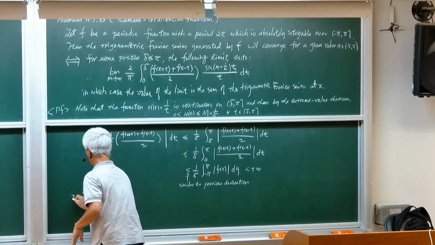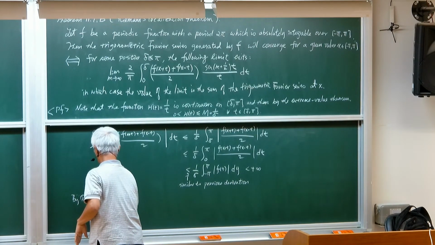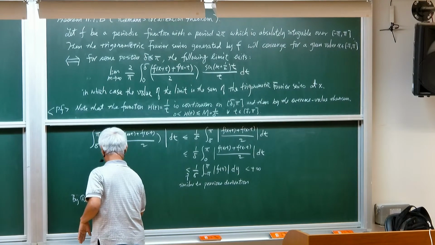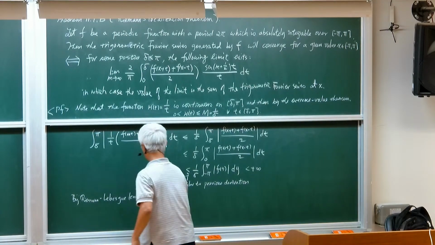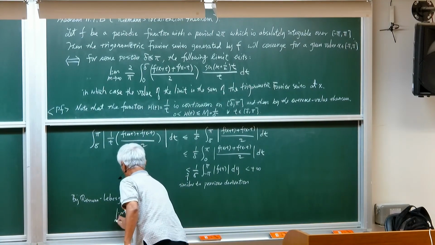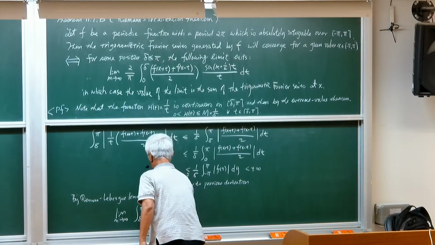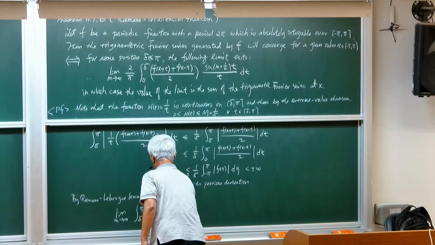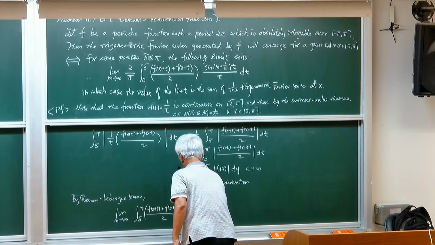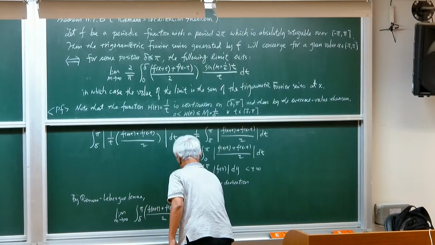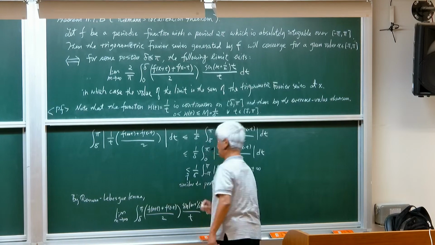So by the Riemann-Lebesgue lemma, the limit as n goes to infinity of the integral from delta to pi of (f(x+t) + f(x-t))/2 times sine of (n+1/2)t dt is 0.